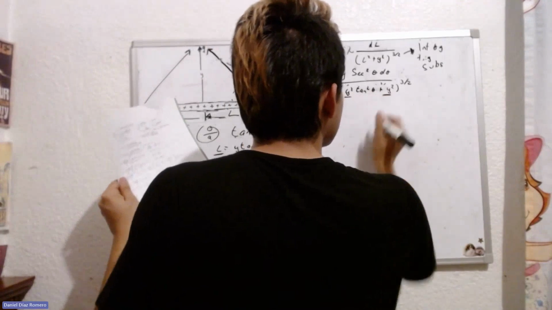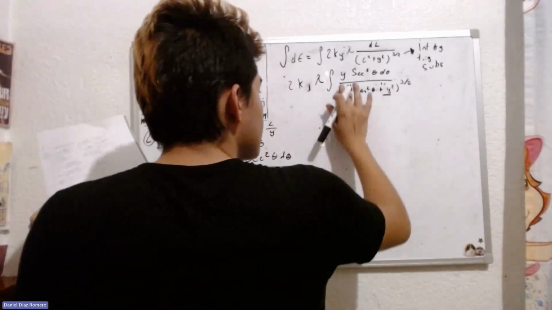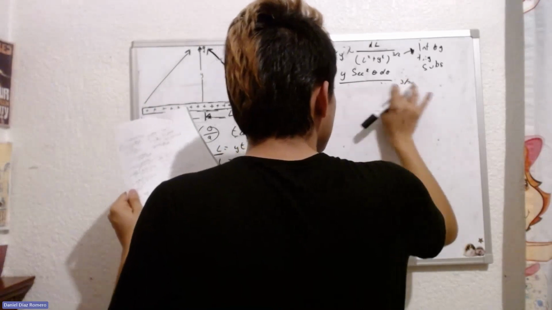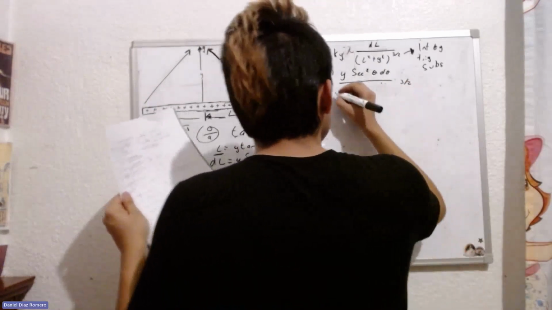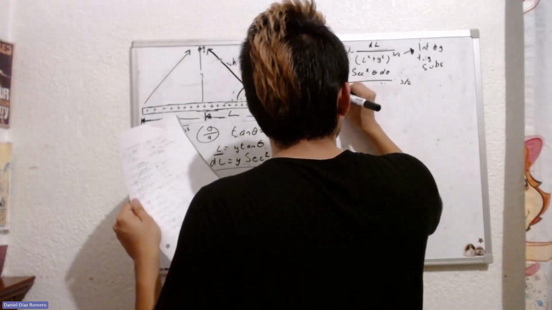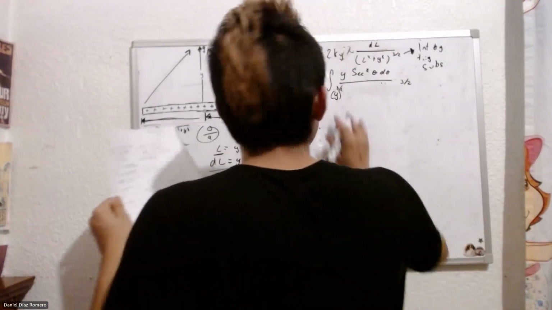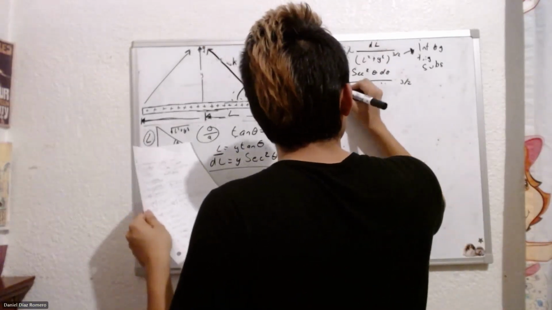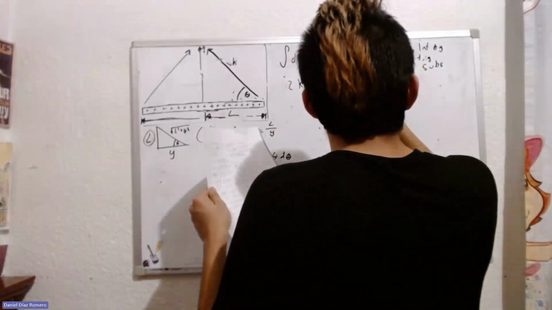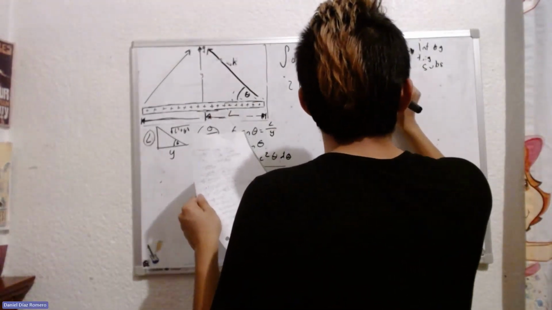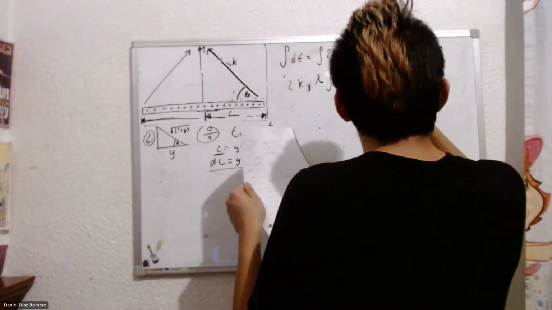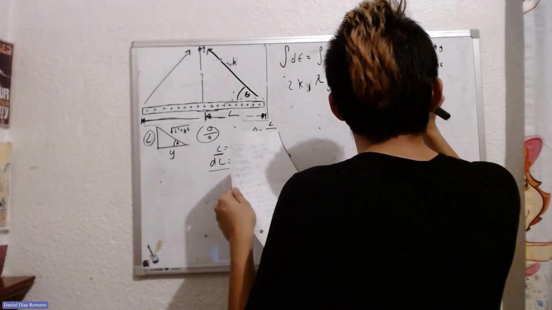As you may have noticed, here are some similar terms, so we can factorize in order to reduce our function, which could be y squared to the 3/2, and now the substitution, which is tangent squared of theta plus 1.